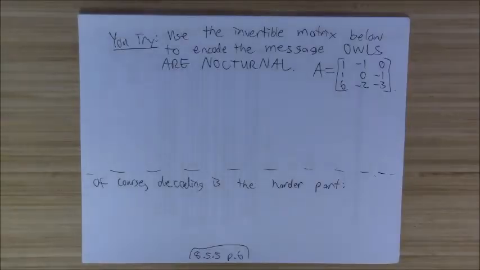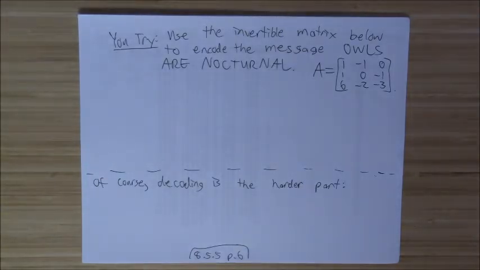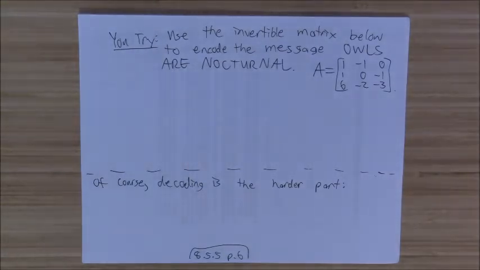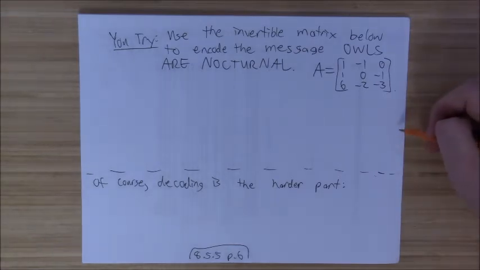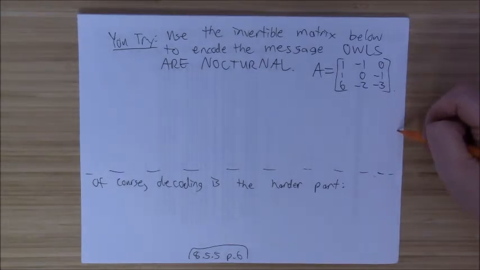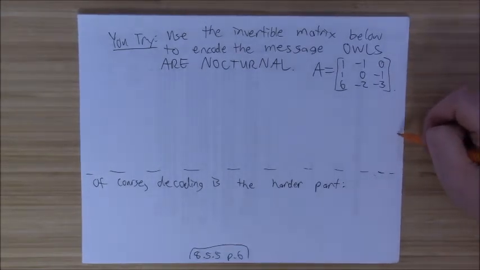Now we have the following example for you to try out. Use the invertible matrix given below to encode the message we saw before, which is owls are nocturnal. You may want to flip back to see how that message was encoded so that you can speed up the calculation. On the count of 3, I'll reveal the solution. 1, 2, 3.